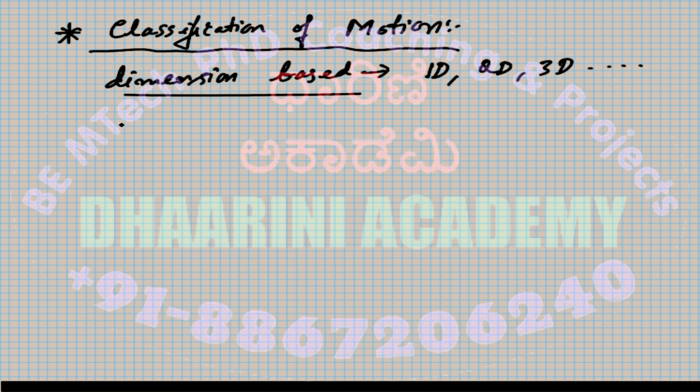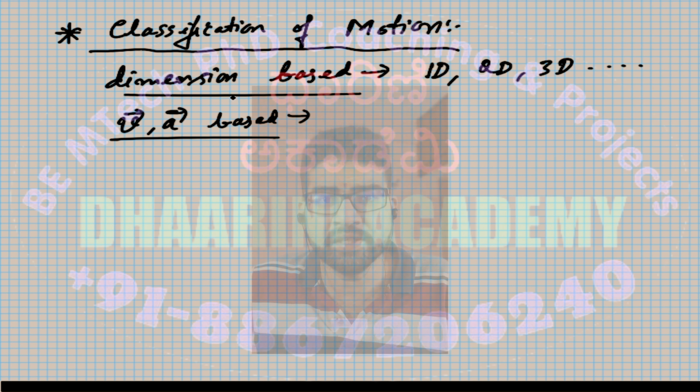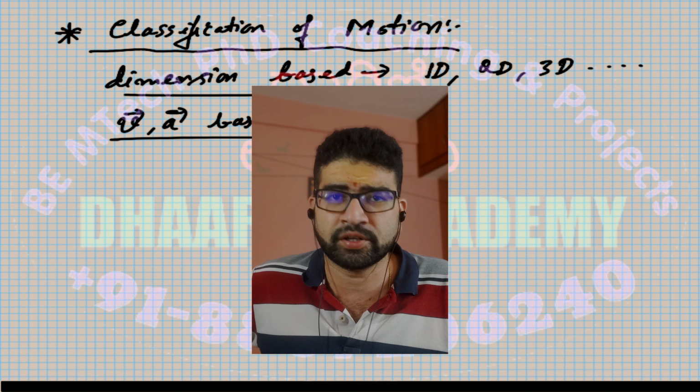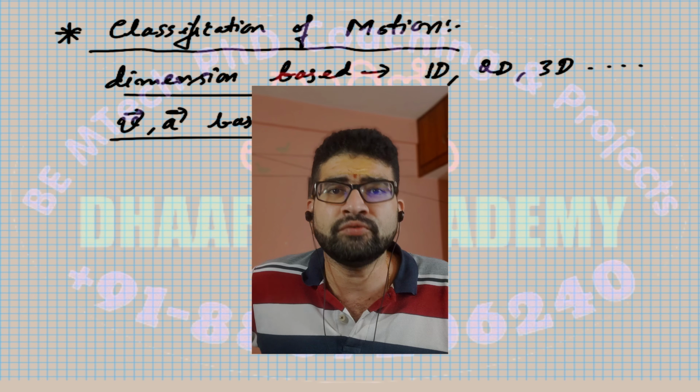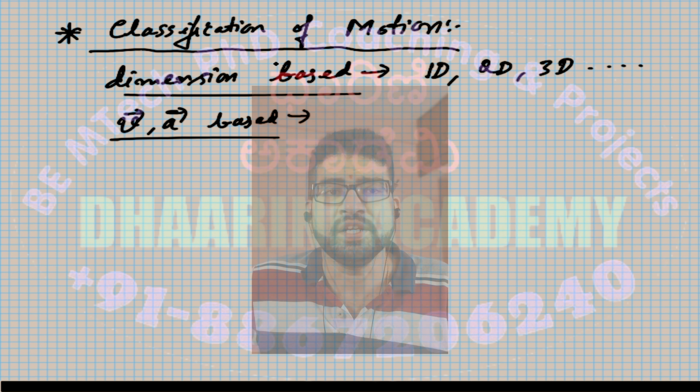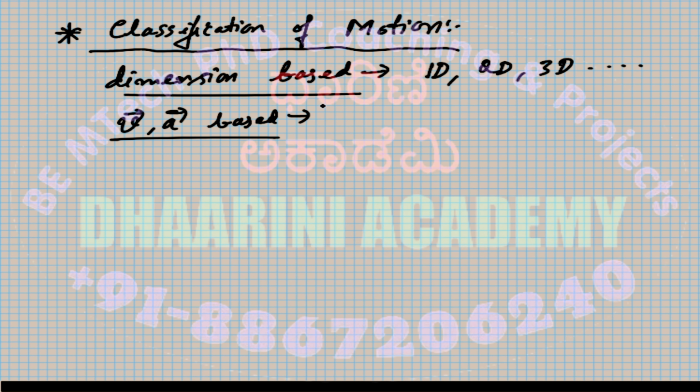So we are not worried about whether it is one dimensional, two dimensional, or three or multi-dimensional motion. In the second case, we are looking only at the values of velocity and acceleration. So based on the velocity and acceleration, you can classify as uniform.